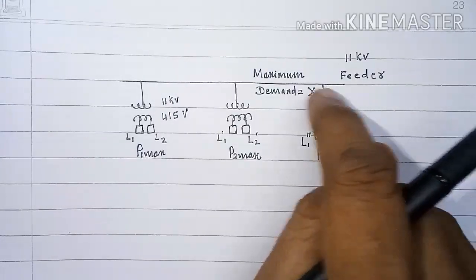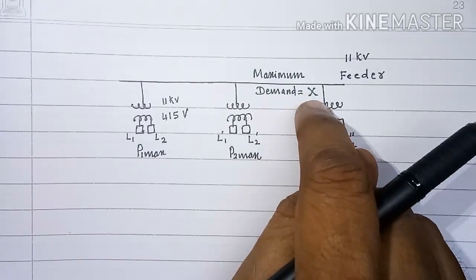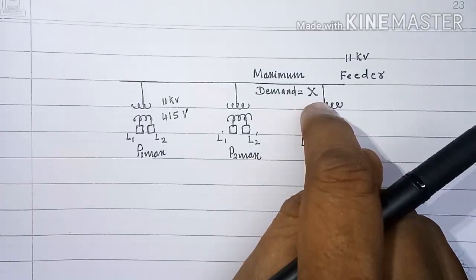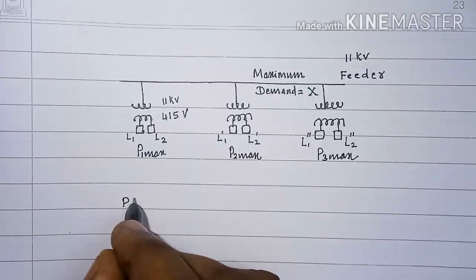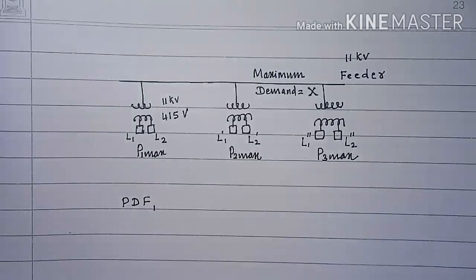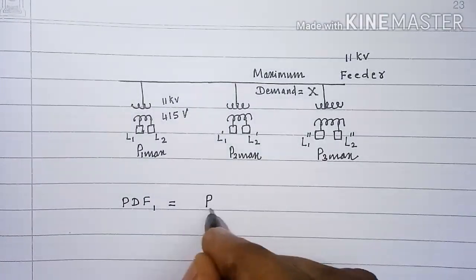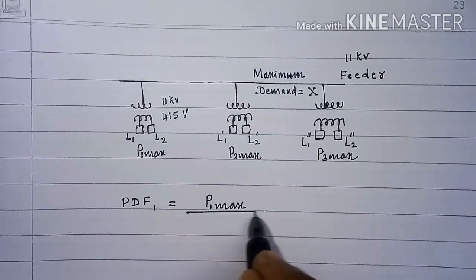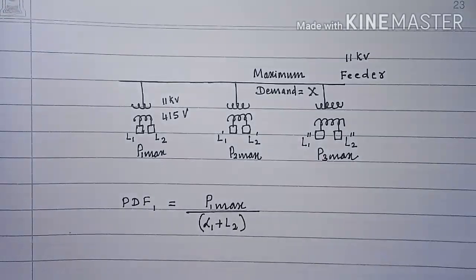Now let us say the maximum demand on the 11 kV feeder is X. When the maximum demand on the feeder equal to X kilowatt occurs, then the peak diversity factor PDF for group 1 may be defined as P1 max divided by L1 plus L2.